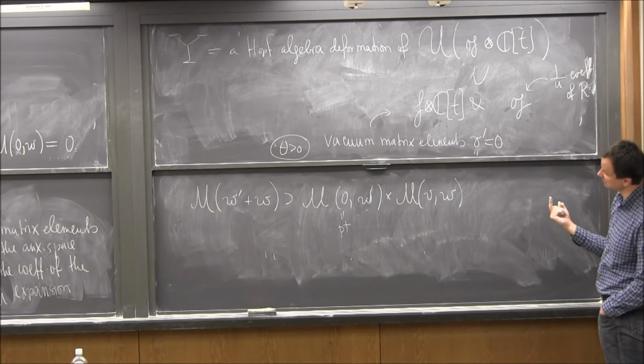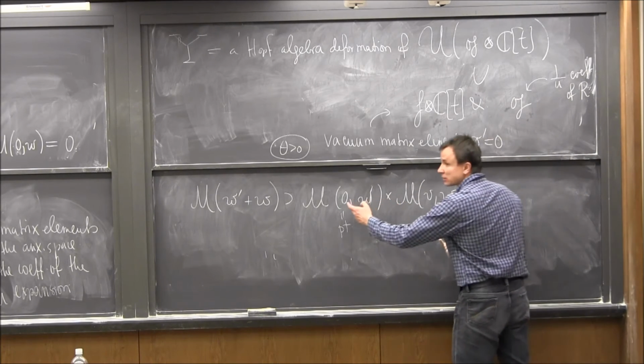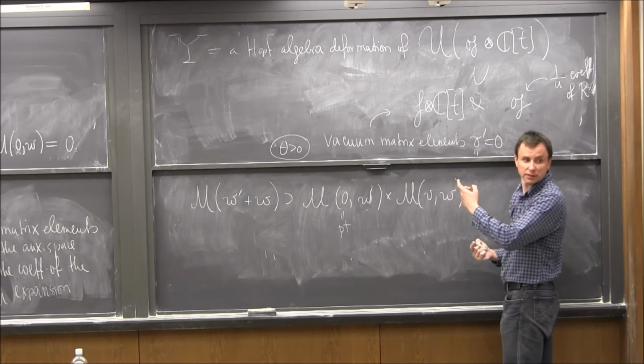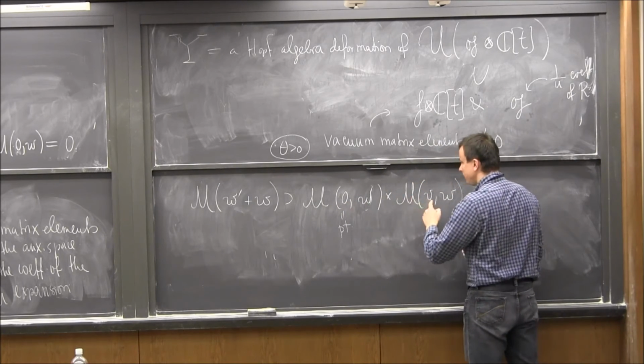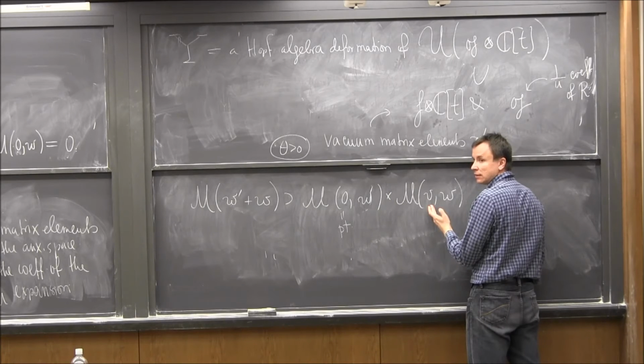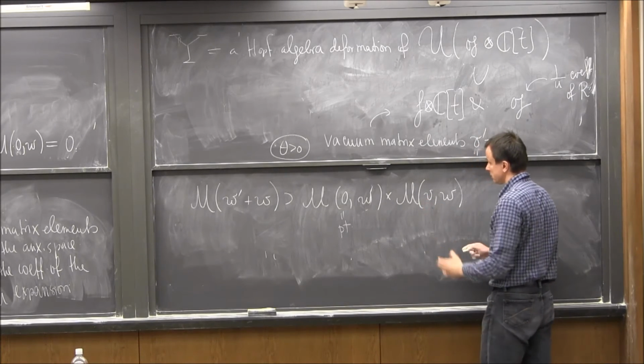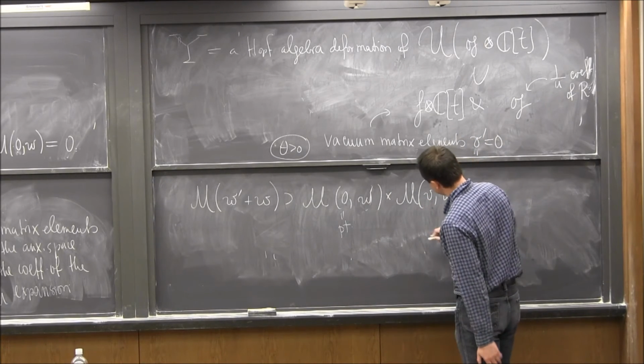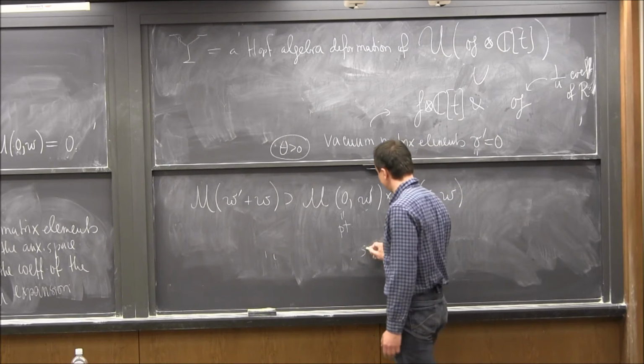What's so special about this component? Remember when we talked about the ordering of a fixed component, this is the one where all the V gets on this side. This is the smallest.